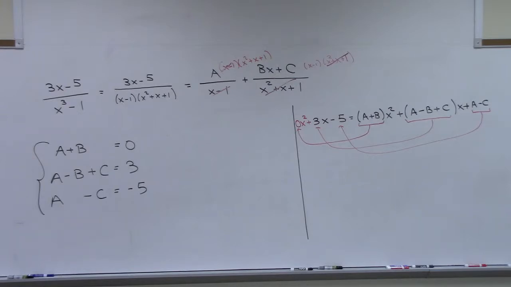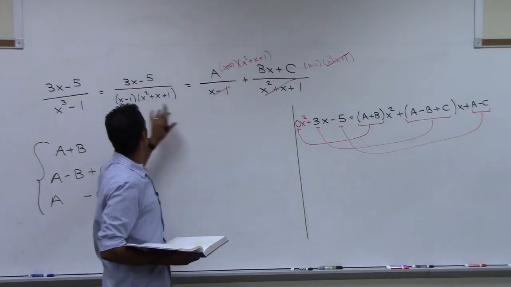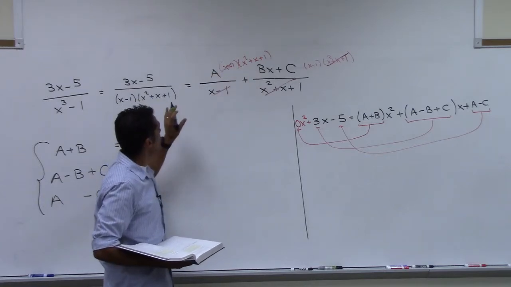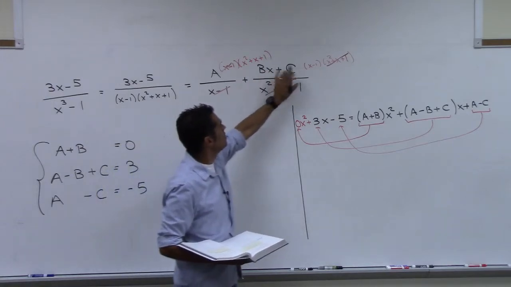And, oh, you know what? I took this problem out of the book, didn't I? Yes, I did. See, even in the book, when they do this, it says, this identity leads to this equation. Seriously, it's crazy. You know when I cleared the fractions? Remember when I cleared the fractions? And I had 3x minus 5 equals A times x squared plus x plus 1 times bx plus c times x minus 1.